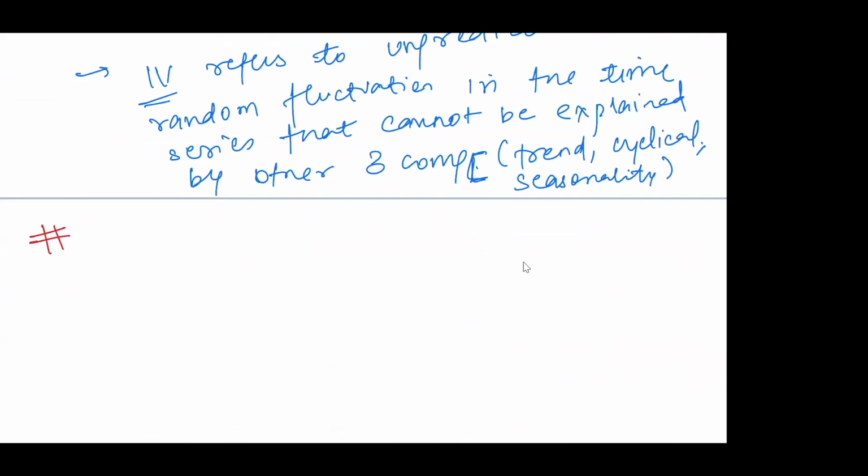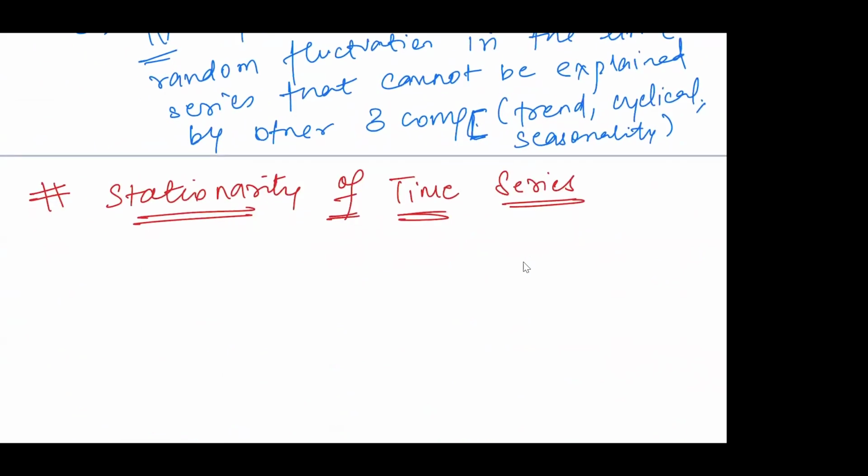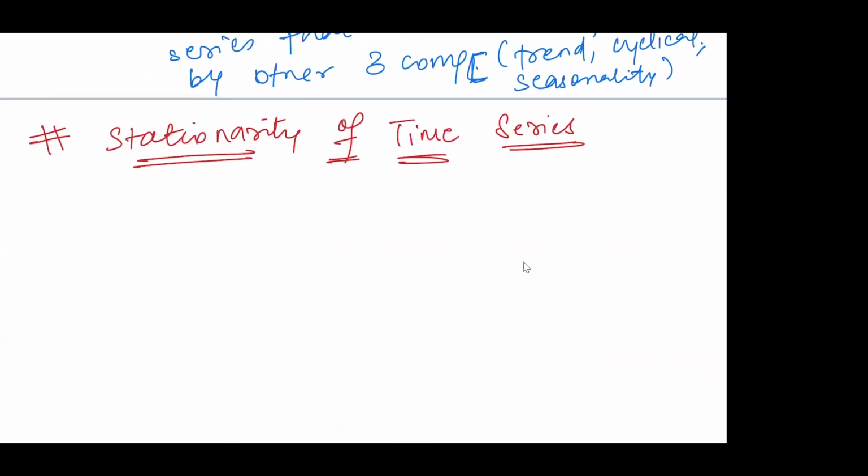Sometimes the interviewer will also ask, what is stationarity? What do you mean by stationarity of a time series? Always remember, if a time series is stationary, it will follow these three rules.